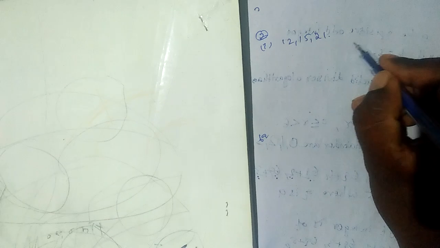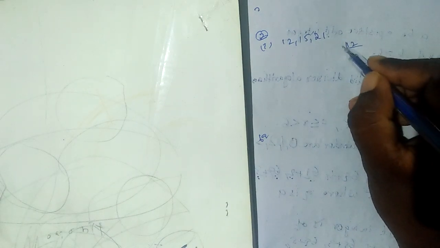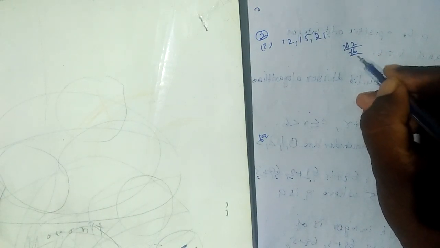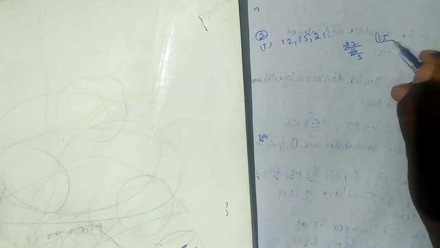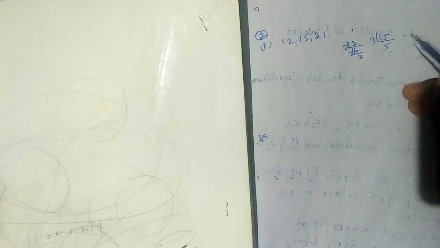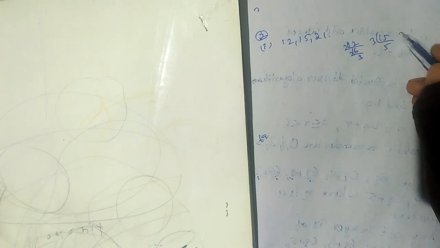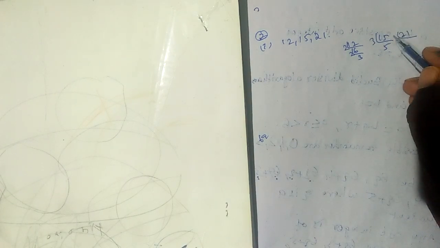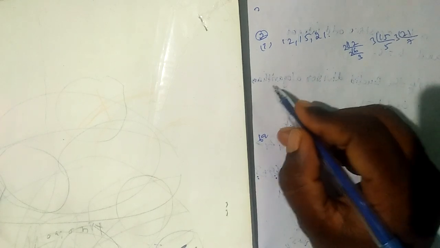So prime factors of 12: 2 6s are 12, 2 3s are 6. 15 prime factorization: 3 5s are 15. 21 factorization: 3 7s are 21.